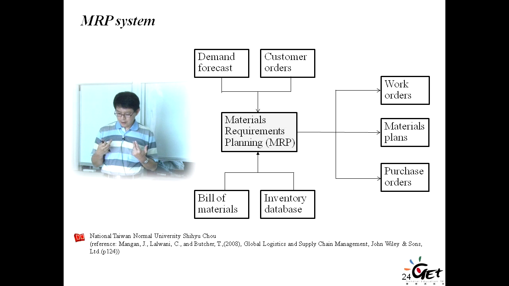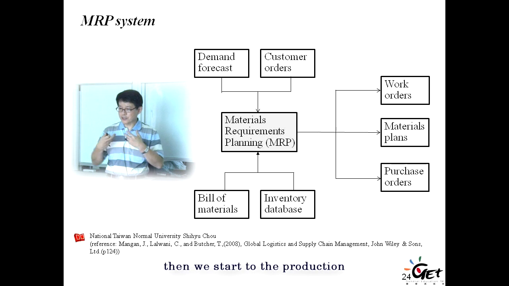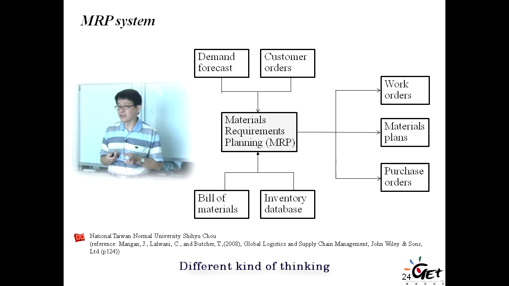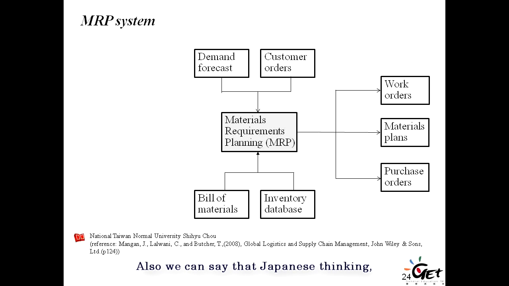That means we just wait for the customer to place an order, then we start the production. It's a different kind of thinking. This is Western thinking. The pull system is Japanese style thinking, the JIT, just-in-time philosophy.